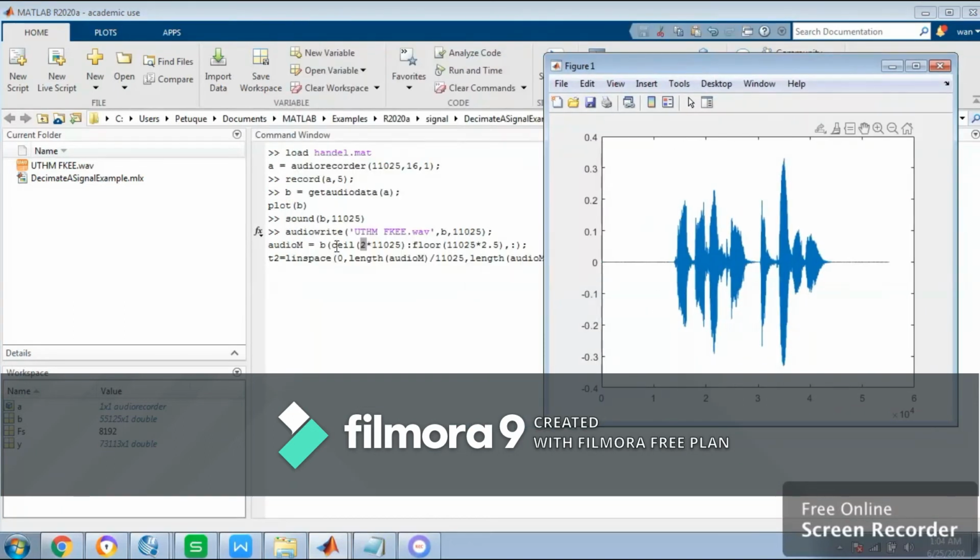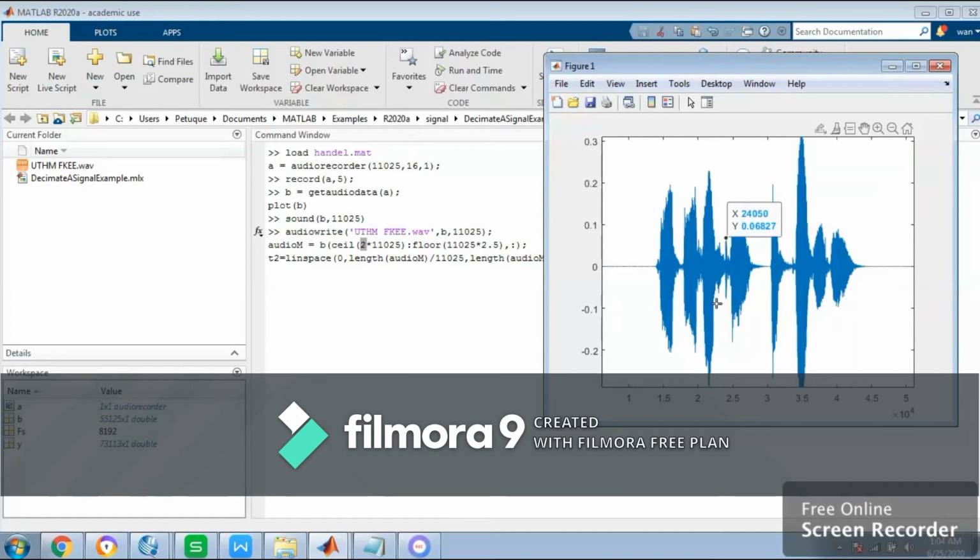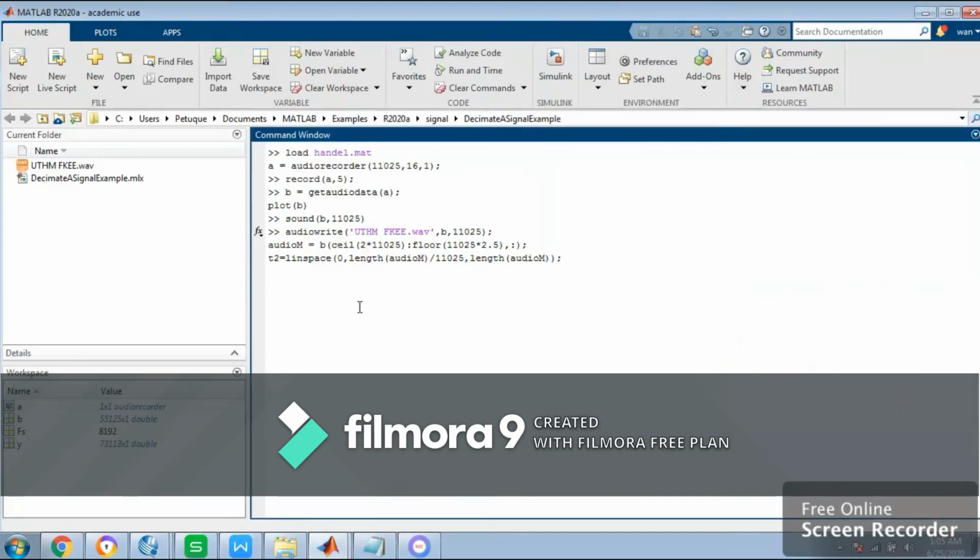Then we see that the audio M is between 2.4 seconds to 3 seconds, so we're going to plot it from 2.3 seconds to 3 seconds. From the graph we know that the audio M is between 2.3 seconds and 3 seconds.